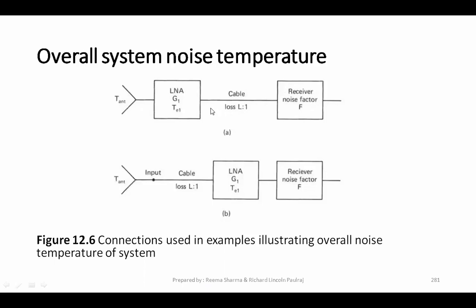Not only that, even the cable is associated with loss. If the length of your cable is high, then the loss is increased. So as much as possible, we try to keep sufficient cable connecting the low noise amplifier and the receiver section.